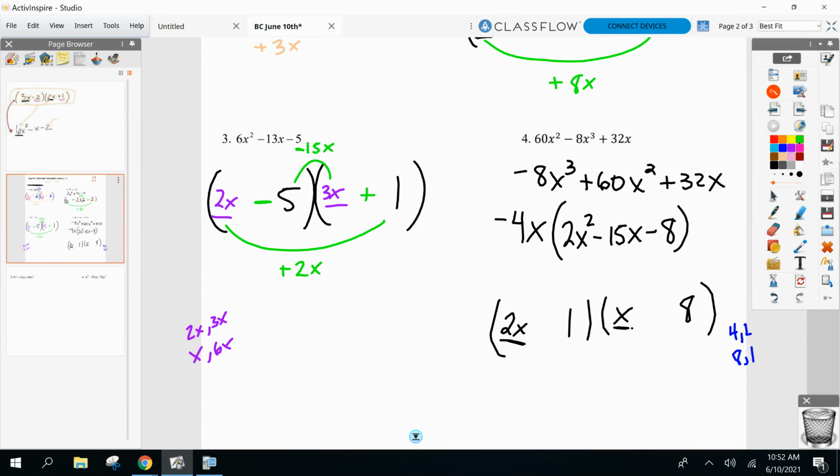Ready? Outers, 16. Inners. Going to get a negative 15? Yep.